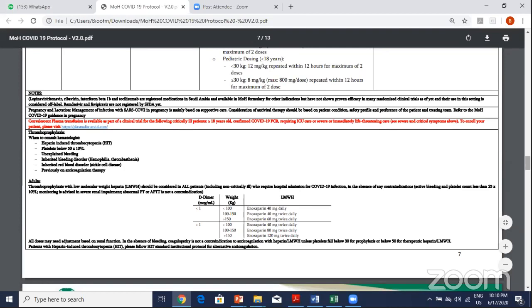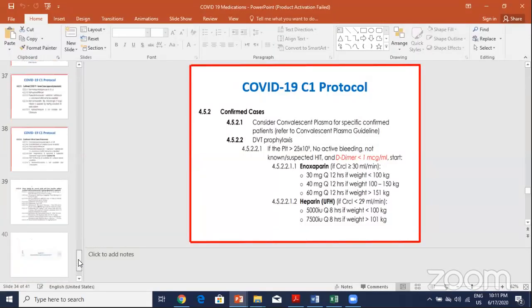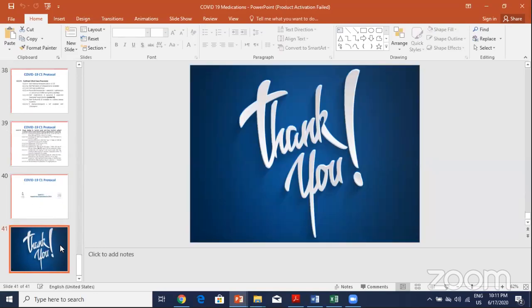Usually we are starting 400 to 800. Maximum is 800, usually 400 to 800 per dose, IV infusion. And I think this is the end of my slides because it's almost the same protocol.